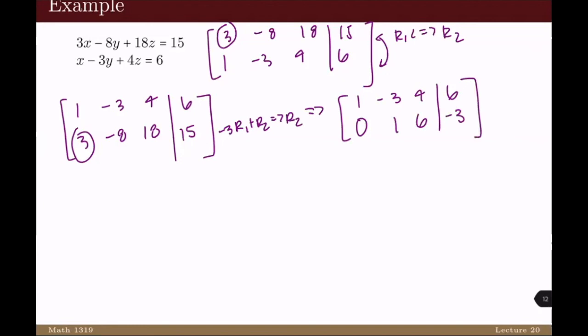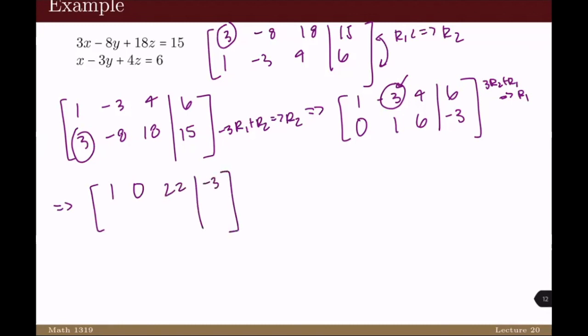Last, I want to get as many zeros as I can, so I'm going to try to make this one a 0 next. So what I'm going to do is 3 times row 2 plus row 1 gives my new row 1. So that means we're going to have 1, 0, 22, -3. And on the bottom row, it didn't change, so we still have 0, 1, 6, and -3 again.